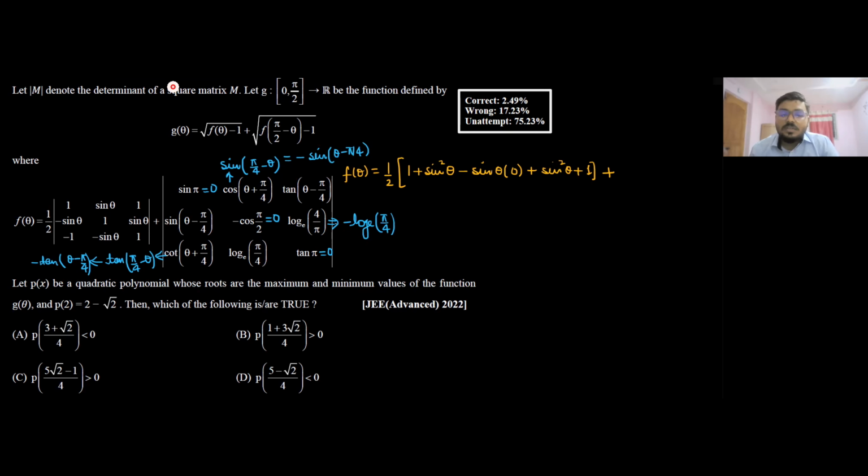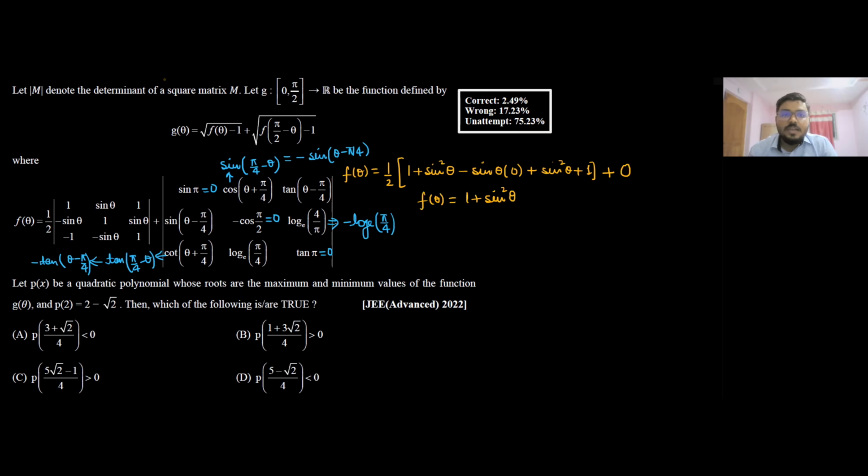And the determinant value of a skew symmetric matrix of odd order is 0. This is of odd order, order 3, so it will be 0. So that means plus 0. So finally, we got f of theta equal to 1 plus sine square theta.